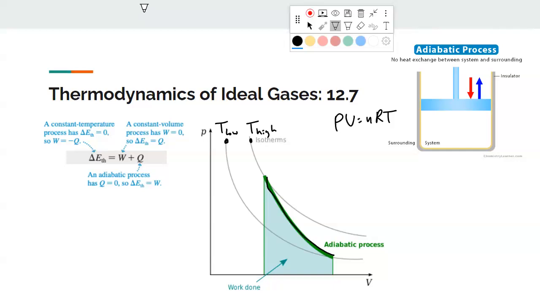So you can change the temperature of a system by keeping it insulated and allowing it to do work or to have work done on it, which then all goes into the temperature, right? This is delta U equals Q plus W. For an adiabatic process, Q is 0. So any work we do on the system will go into changing the temperature, basically.